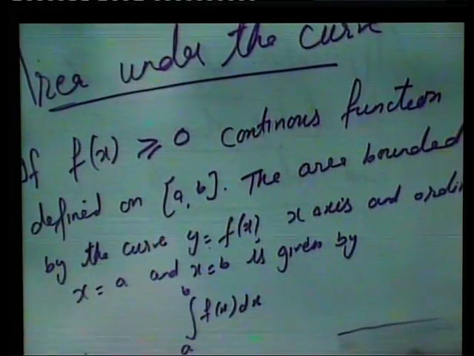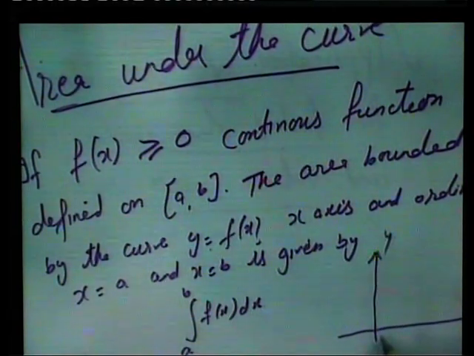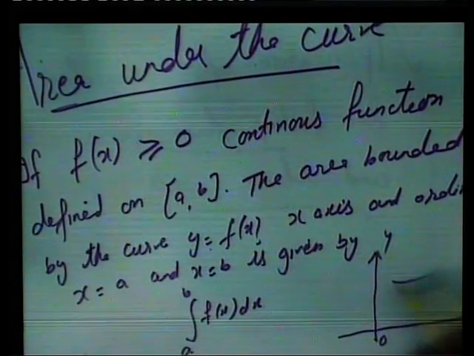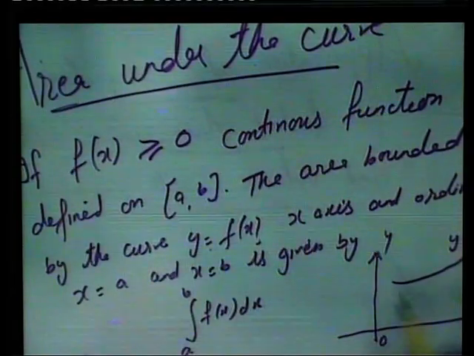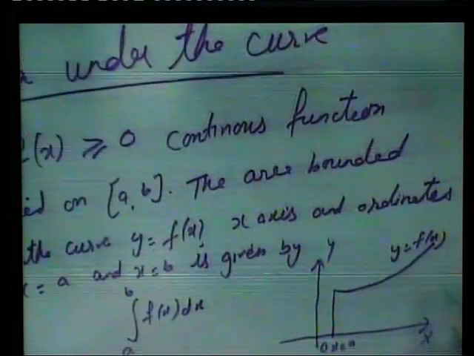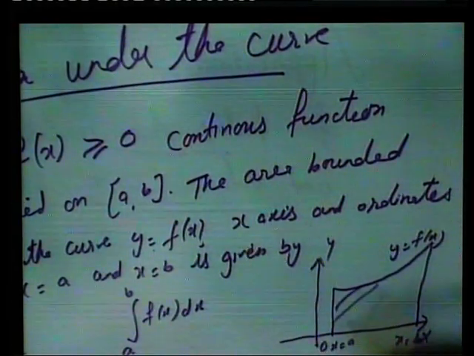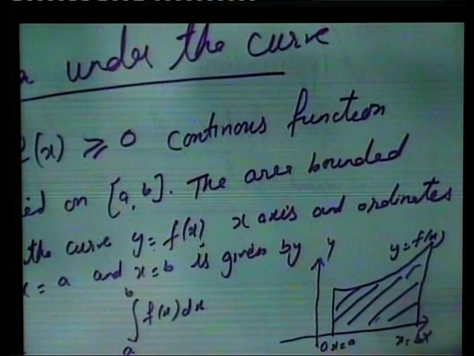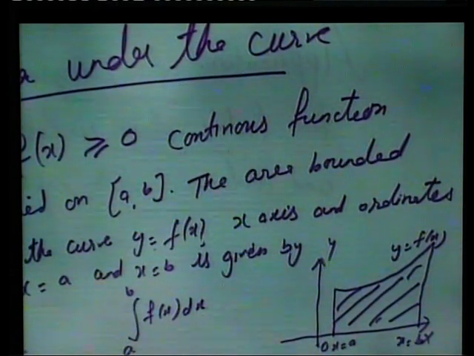If we take x-axis and y-axis, and if we have any curve y is equal to f(x) and x is equal to a, x is equal to b, then area is integral a to b f(x) dx.